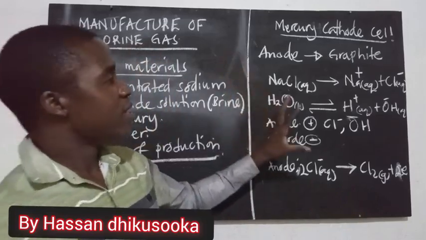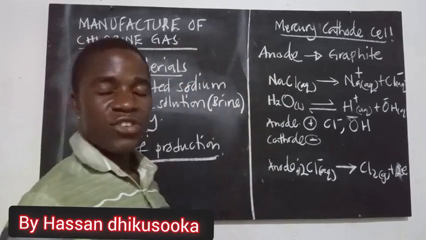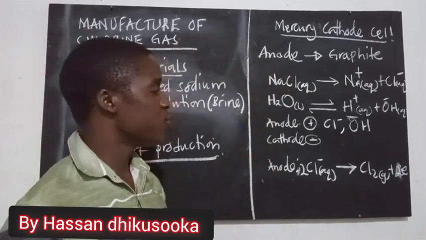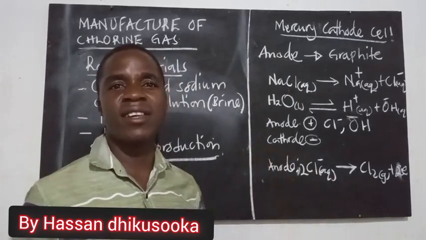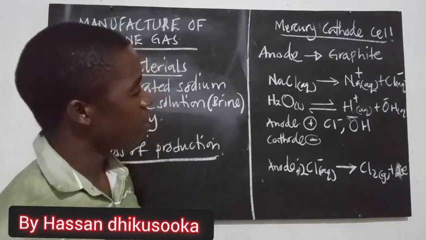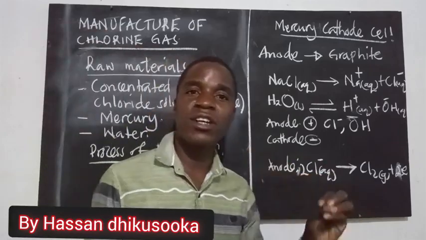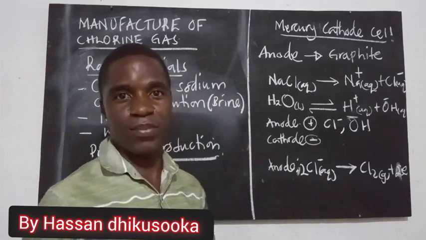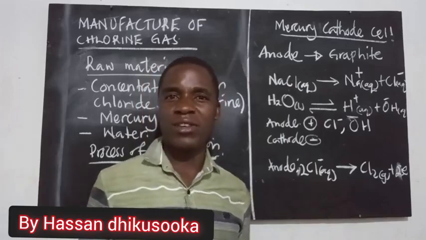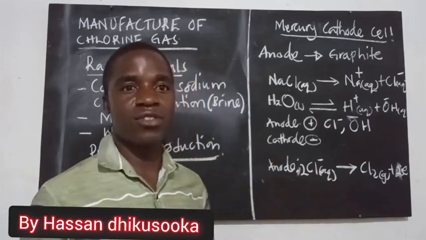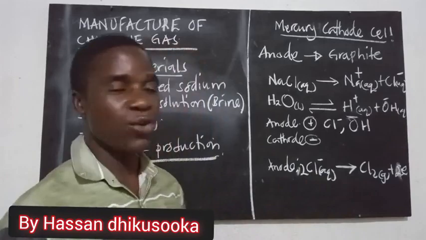When you look at this process of production, you can realize that you are producing chlorine and you cannot say that you will not have any side effects. Therefore, if someone is going for this, you have to know that we have the side effects of the process of production. Not the side effects of maybe the product that you are producing, but the side effects during the process. What are you expecting?